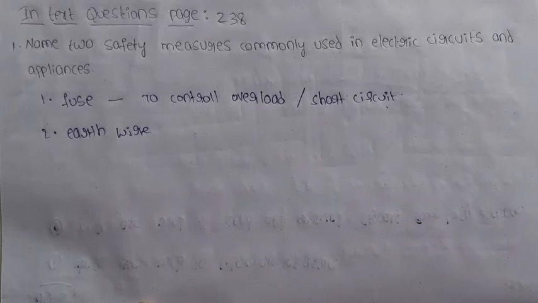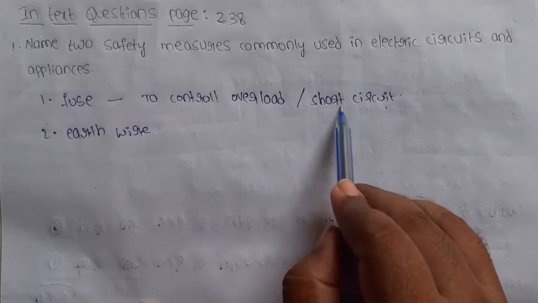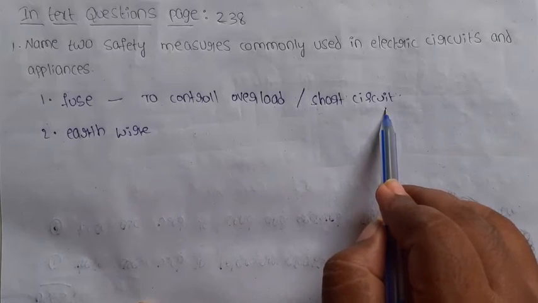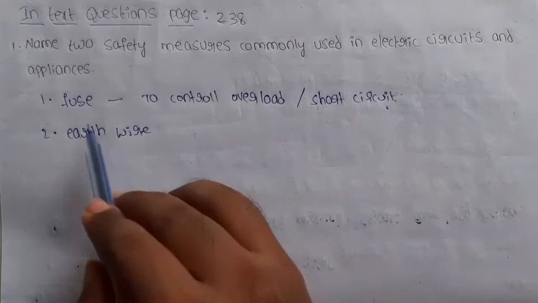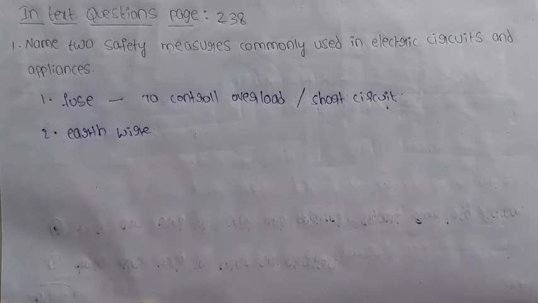If current is traveling more in the electric wire, what happens? The insulation of the copper wire melts, then the live wire comes in contact, and a short circuit happens. So to avoid short circuit, we connect a fuse.